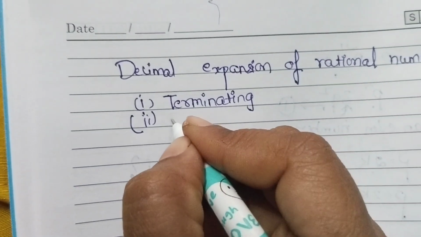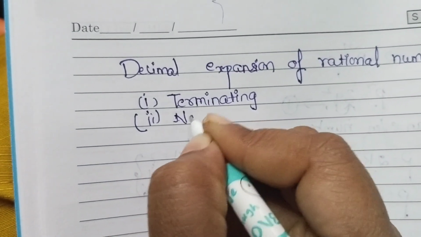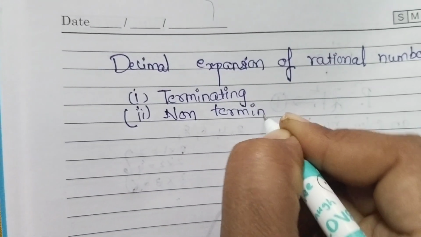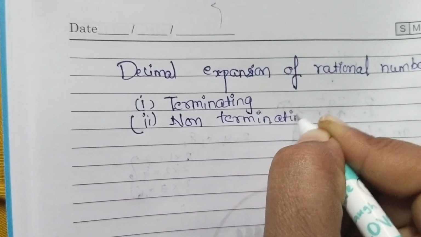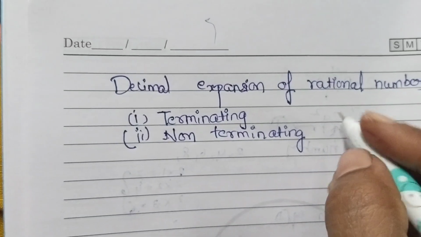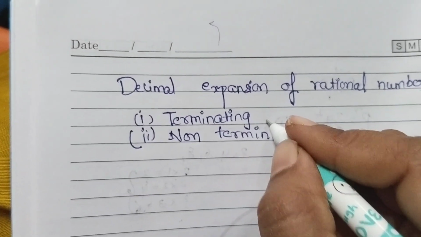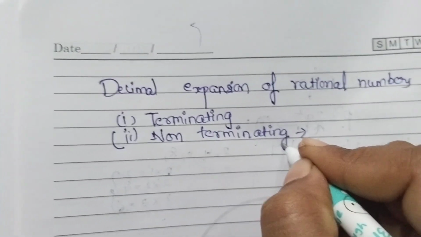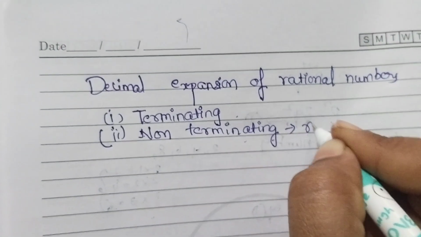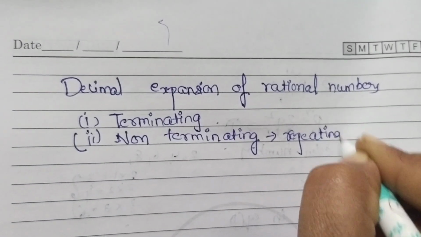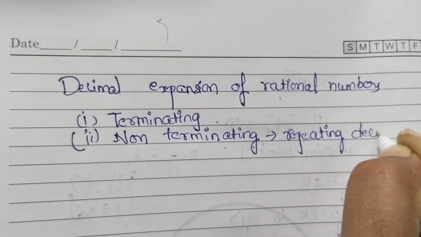If it is non-terminating, it should be repeating, okay? Terminating is okay, it will be ended. If it is not terminating, then it should be a repeating decimal, okay? I'll explain with an example, don't worry.